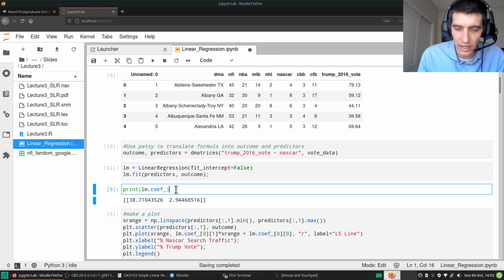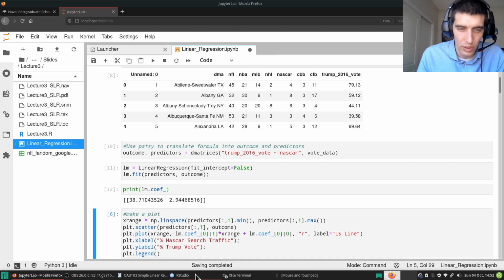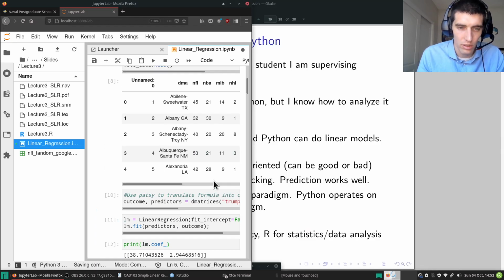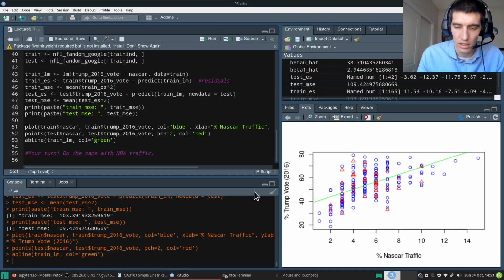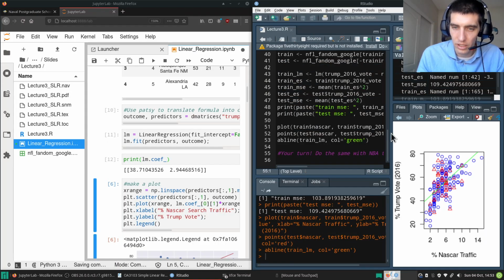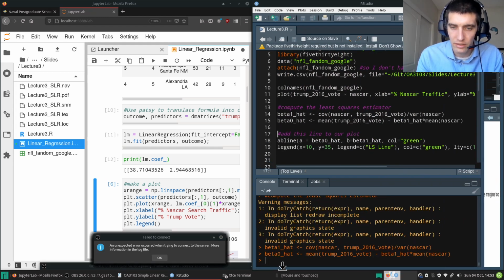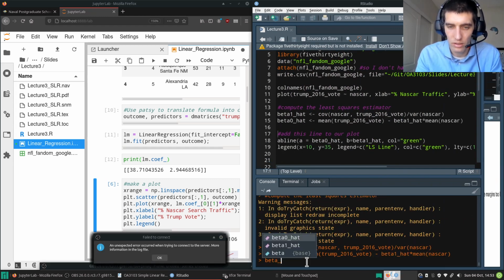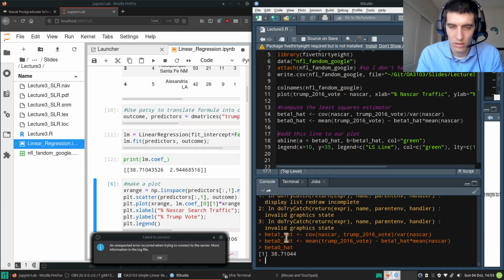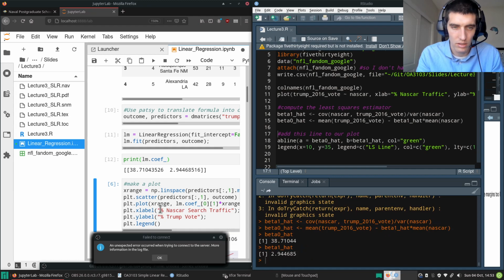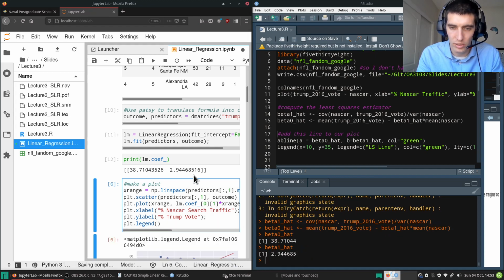Okay, I get the coefficients. Quick question: do these coefficients match what we saw in R? Well, we hope so. Let's double check. So in R, we have that beta 0 hat and beta 1 hat are 3.71 and 2.94.